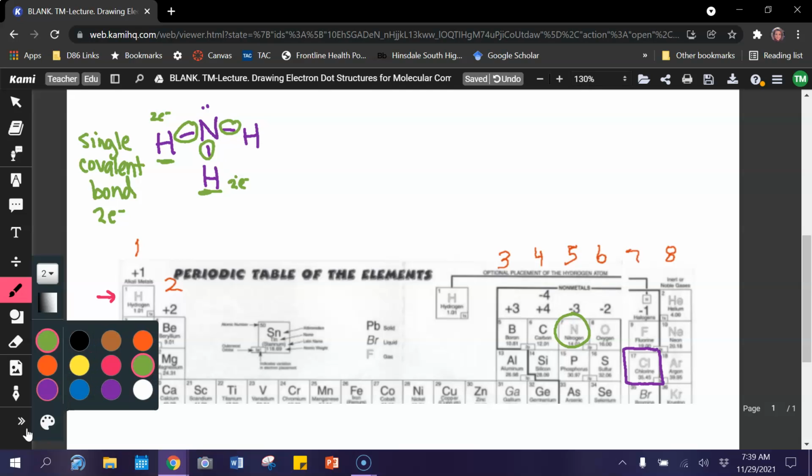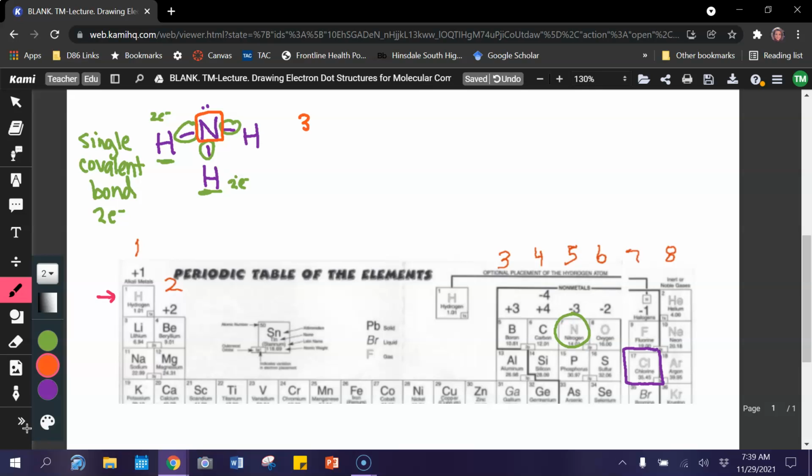But if we take a look at our nitrogen, it has 3 dashes. Remember, each dash represents 2 electrons, so that means that nitrogen has 6 electrons incorporated in the dashes, but don't forget our lone pair that it has.